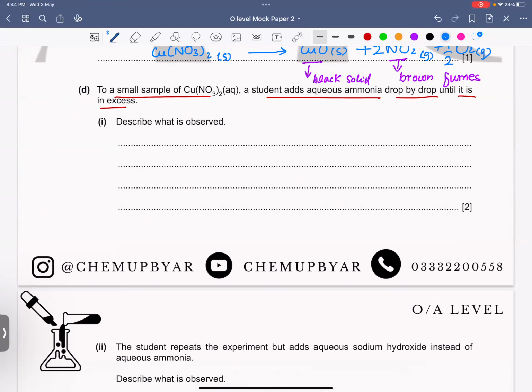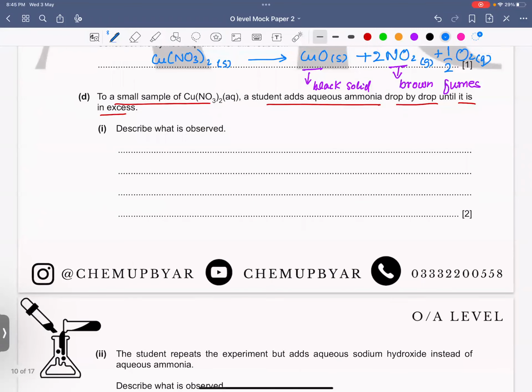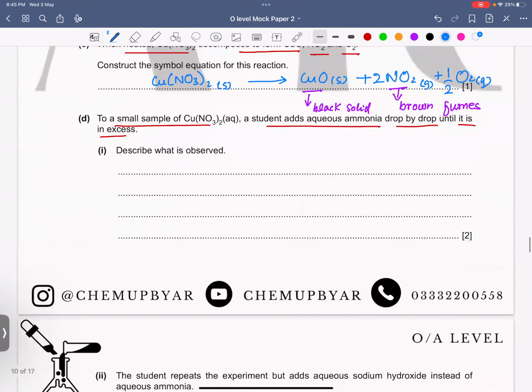You have to write the colors. I am just telling you, for example, if the examiner asks for the observation in the next part, usually examiners do this, but not for this equation. So what is observed? First, blue precipitates form initially.